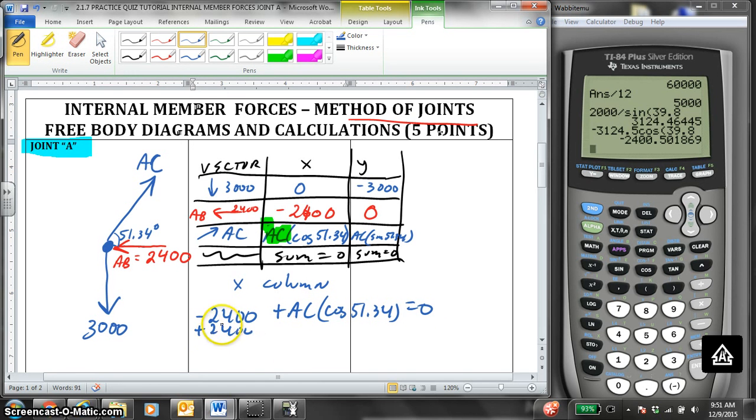Add 2,400 to both sides. Take this a step at a time. AC times cosine 51.34 equals positive 2,400 on this side.